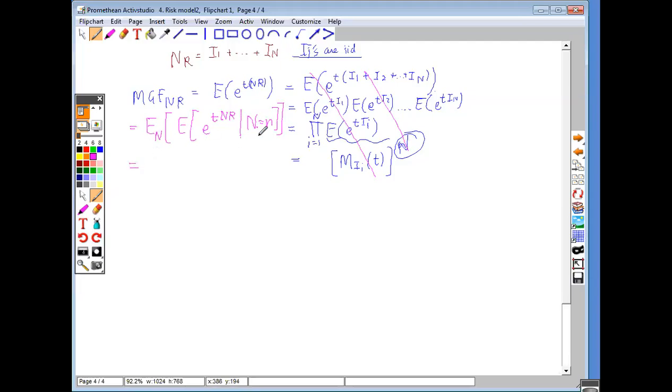Is this step clear to everyone? This is very important. So we have used the law of iterated expectations here. Any doubts with what I have written on the board?